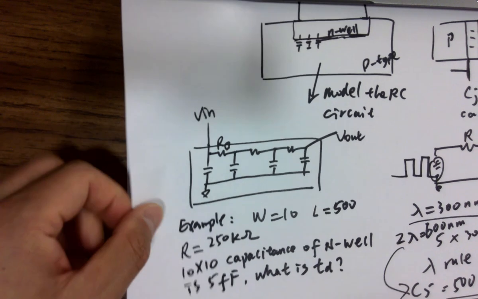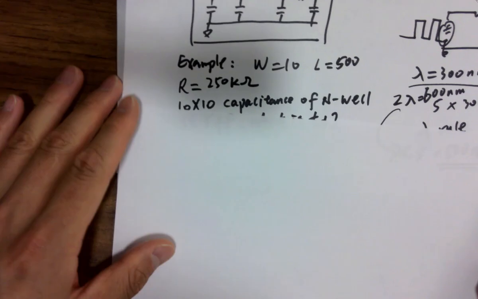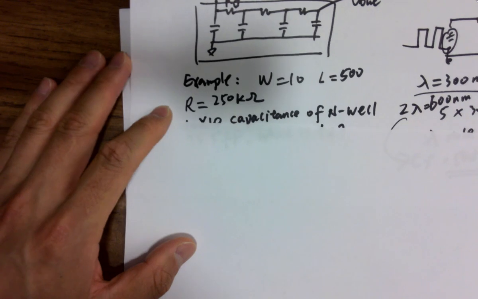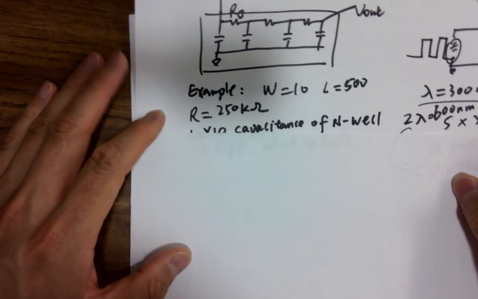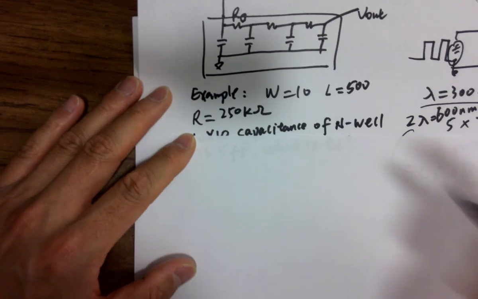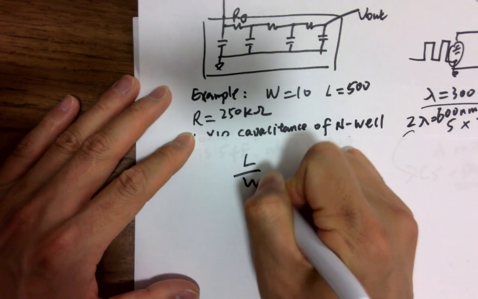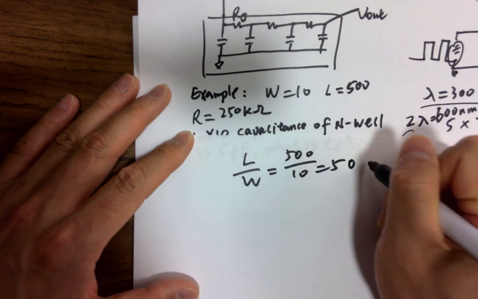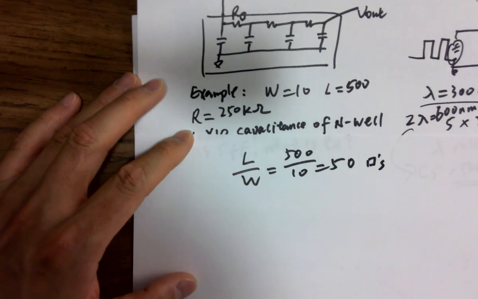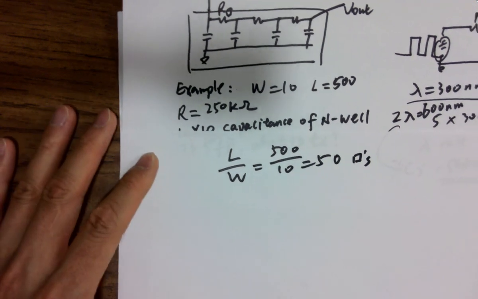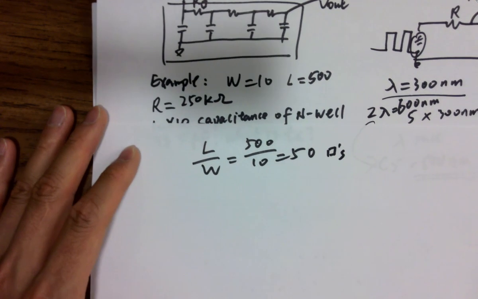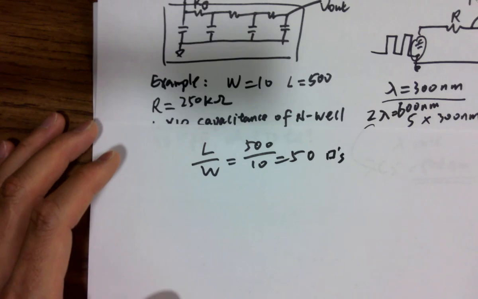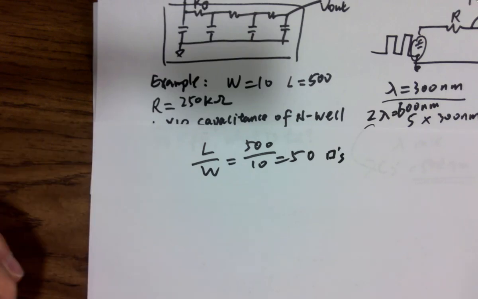So given that you know the resistance, and it's given that L over W is 500 over 10, which is 50 squares. And 50 squares is giving you 250 kilo ohms. So you can find the sheet resistance of the N-well resistor.